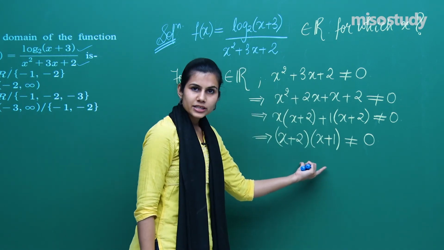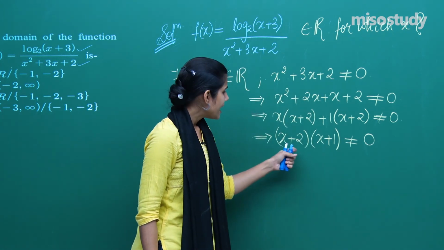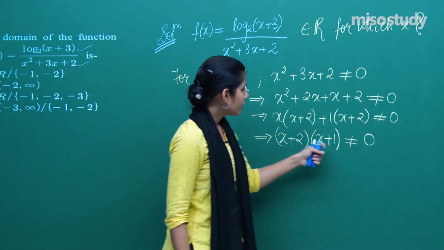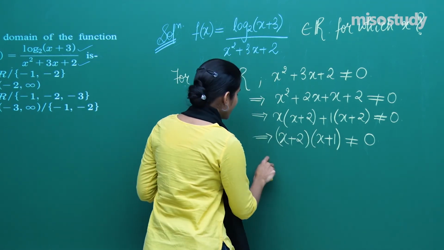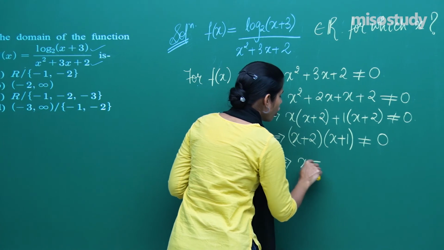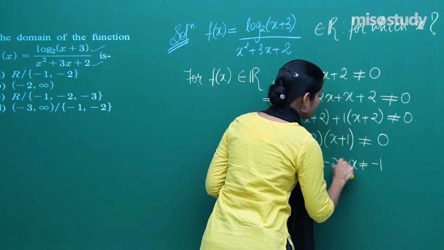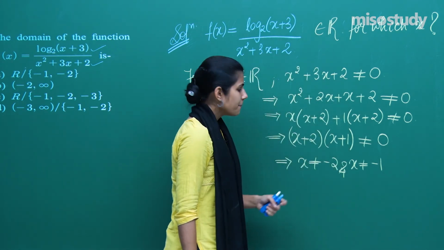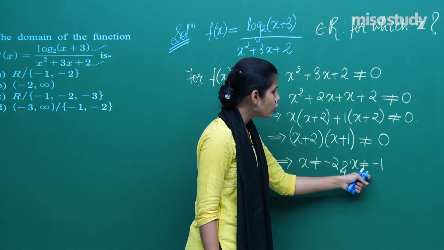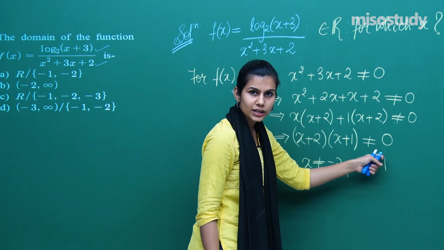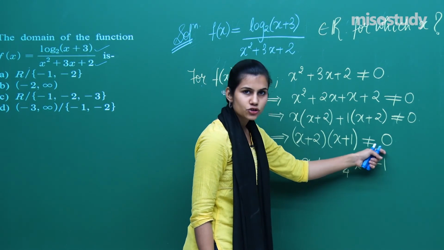And this expression is 0 only when x is equal to minus 2 or x is equal to minus 1. This implies x is not allowed to be minus 2 and x is not allowed to be minus 1, because if x is allowed to be minus 2 or minus 1, this expression will be 0, and I don't want it to be 0.